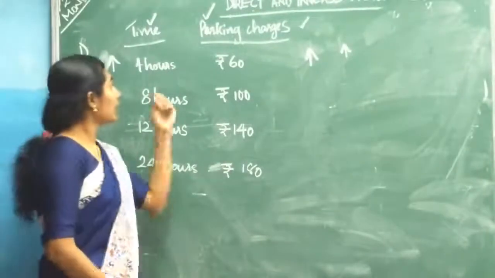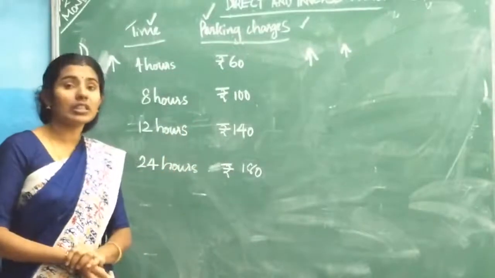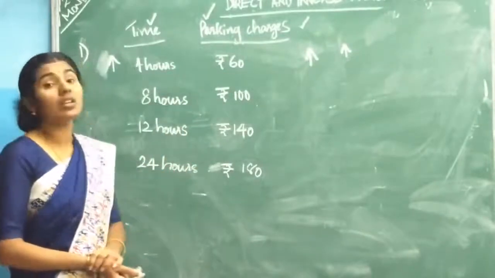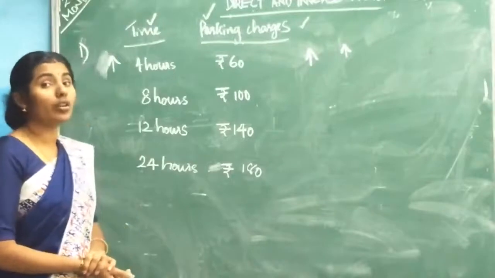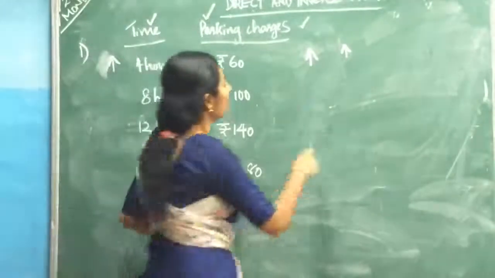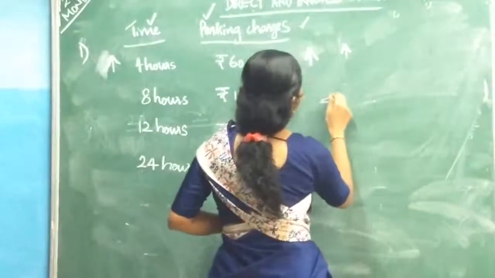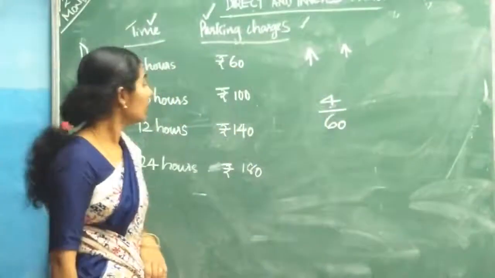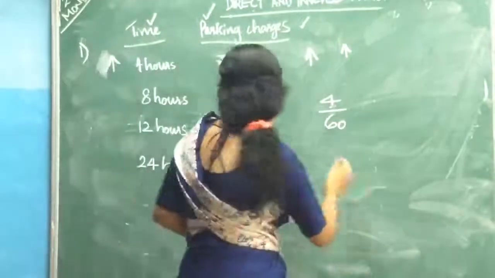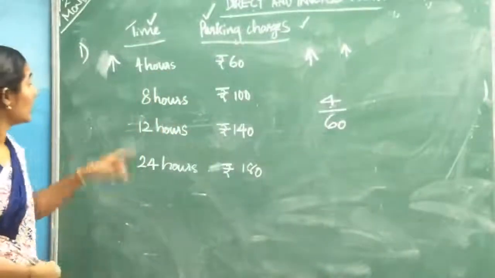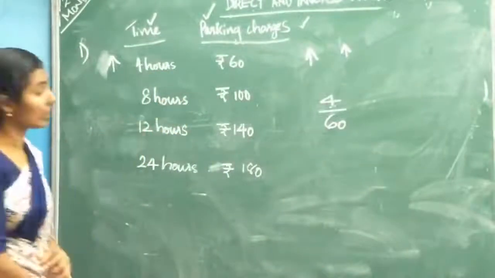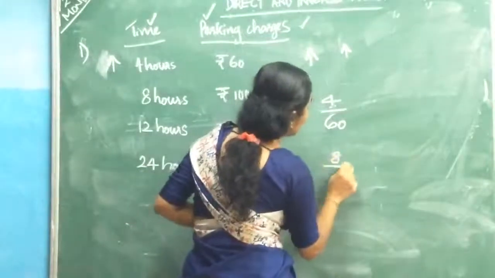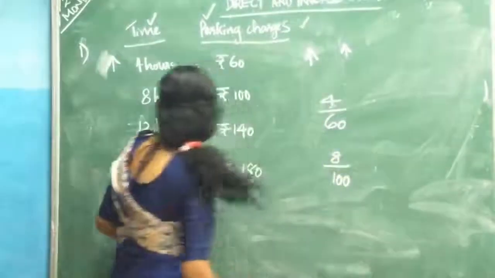How to check that? Take the ratios of the quantities. So what will you get? 4 divided by 60, the first ratio is 4 by 60. The second ratio is 8 by 100.